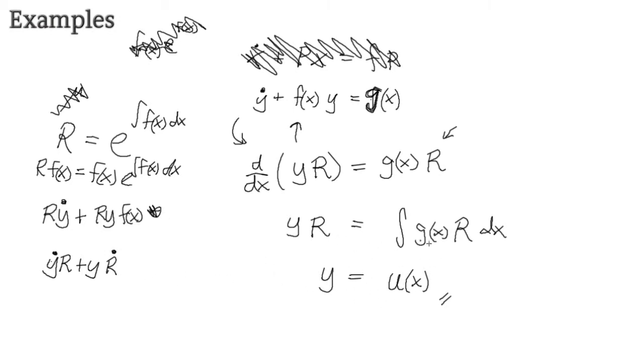However, do remember, after you integrate, you do need to add a c, and that would be a c on r, because the c is added on this integral. Then we divide everything by r, so this r is important. So yeah, I'm going to give you a solid example before I ask you to do any questions.